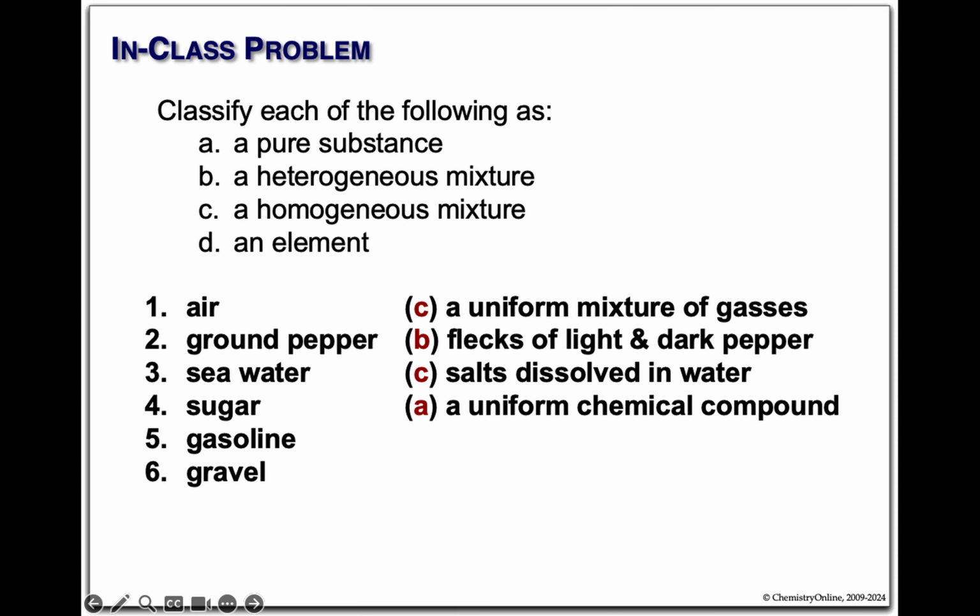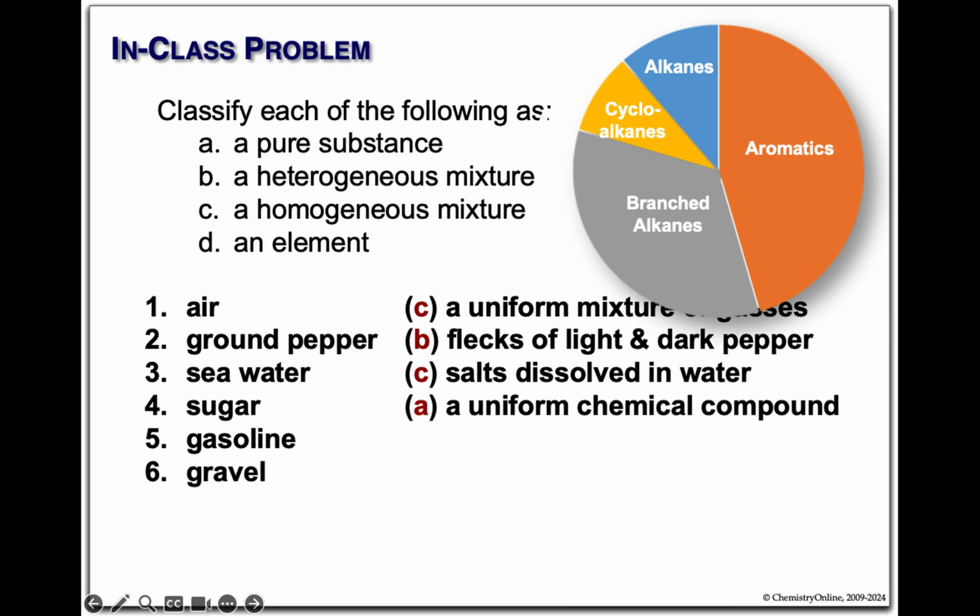Gasoline. Gasoline is a combination of different organic compounds. Aromatics, alkanes, cycloalkanes, whatever. But when you pump it out, it all looks the same, doesn't it? Because these are mixed uniformly. It is homogeneous.